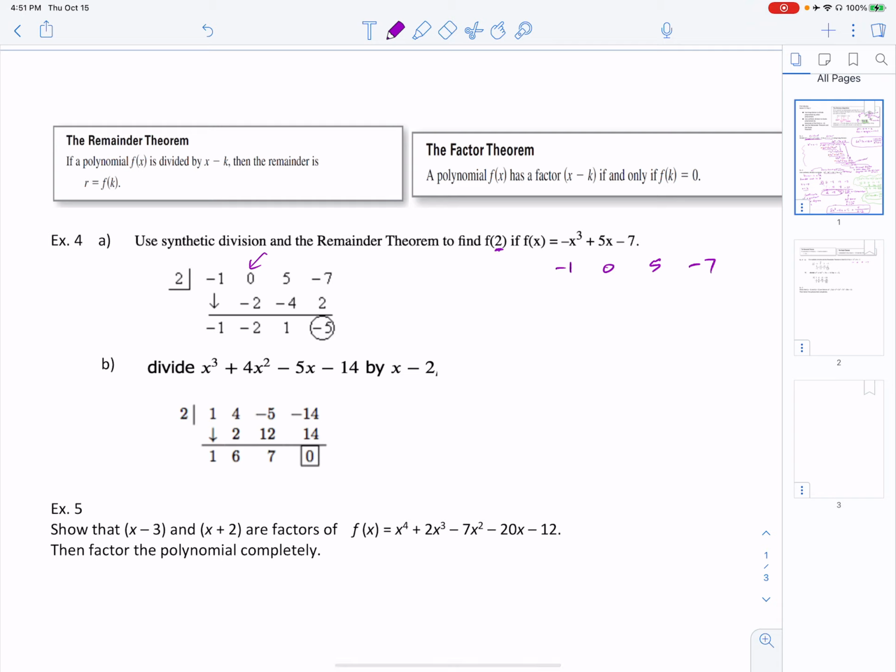And in this case, we want to know if 2 is a root. So is 2 a root? Meaning, is x minus 2 a factor? And so we do the synthetic division, and right here we have a remainder, and it's not 0, so 2 is not a root.